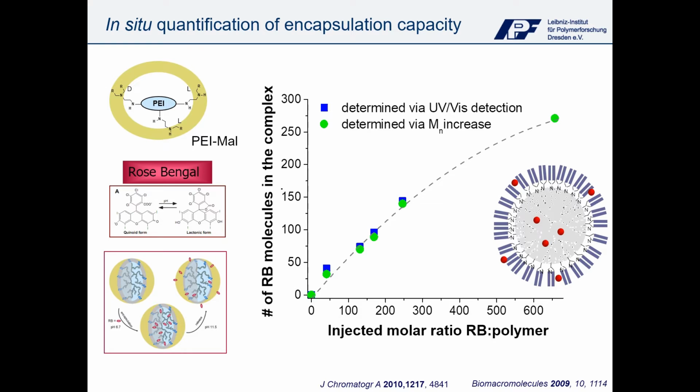When we take a UV detection of the penetrating Rose Bengal molecules during the focusing step of the separation, we obtain the same amount of residual Rose Bengal molecules which are encapsulated within the dendrimer, in correspondence with the increase of the molecular weight, with the green points here, of the complexes, showing that we have about 250 Rose Bengal molecules per polymer, depending of course on the ratio we are preparing in the batch.